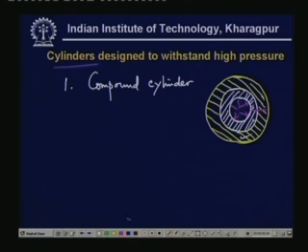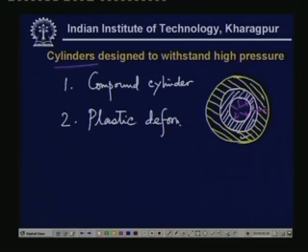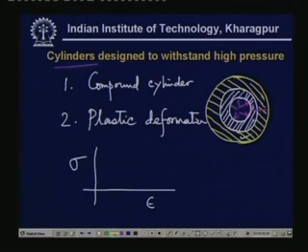Then we have the second method, which is by plastic deformation. By plastic deformation, what happens? We all know that for a material, if we have a stress strain diagram something like this, and we give an initial stress, so we increase the stress and let it go up to this point, and then we release the load, then there will be some residual deformation.